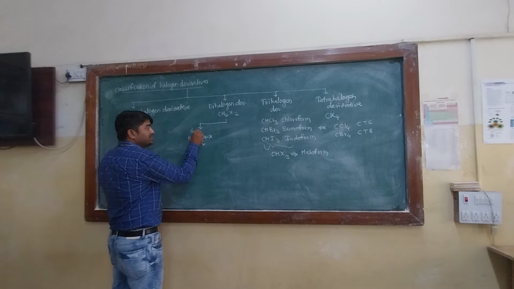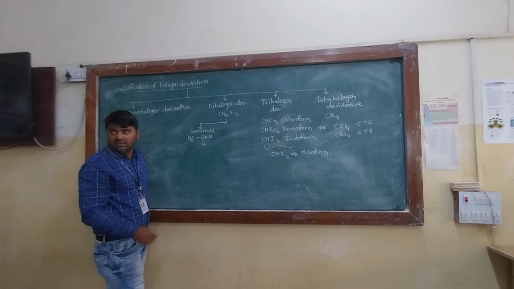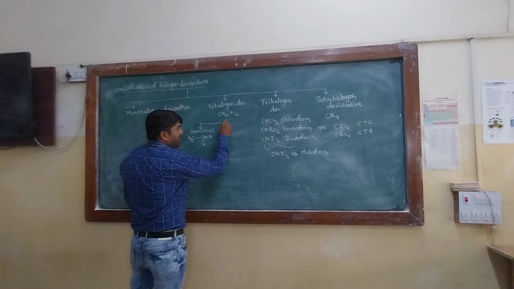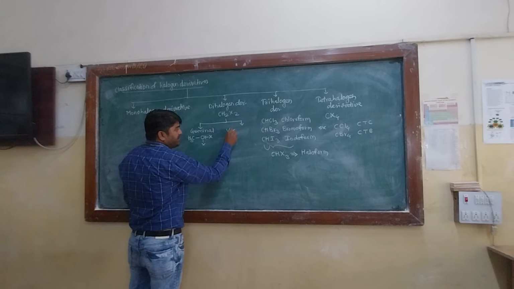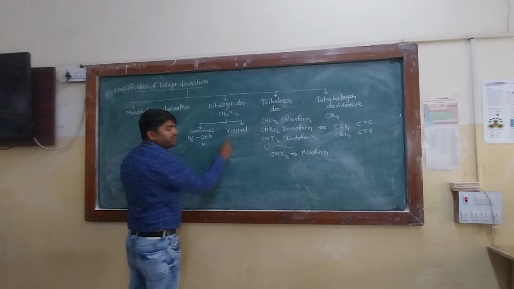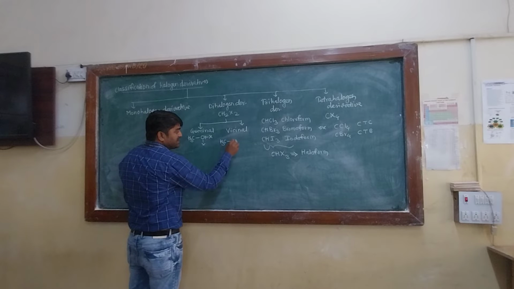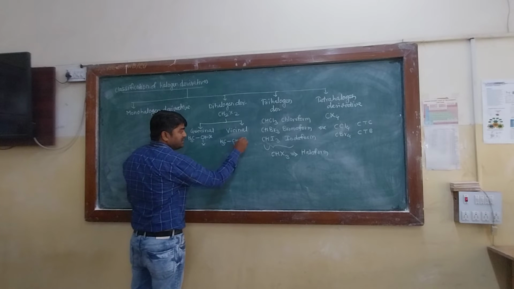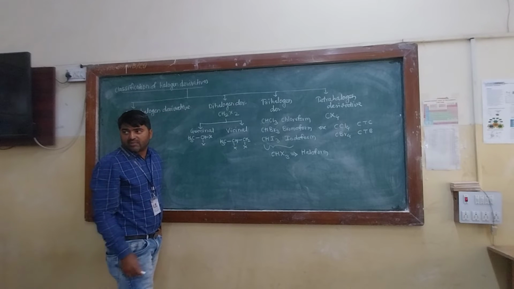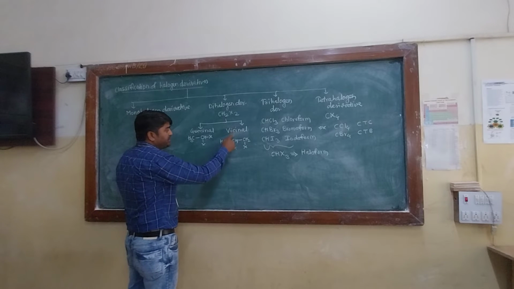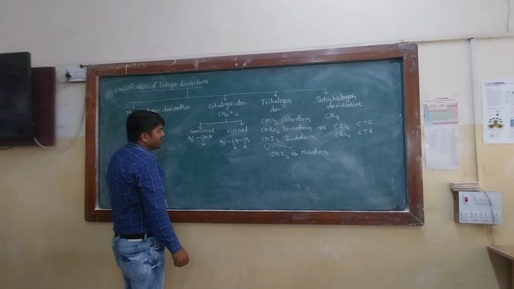If halogen atoms are present on adjacent carbon atoms, for example CH2X and CH2X, then it is called a vicinal dihalide.